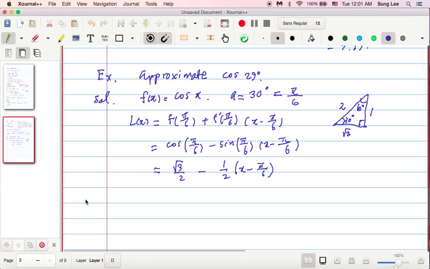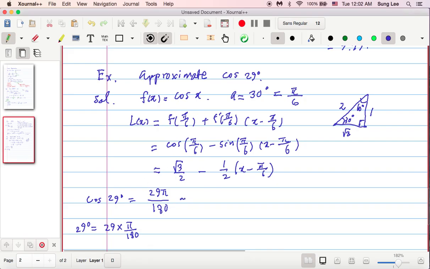Now, cosine 29 degrees. Again, 29 is going to be the x value. However, this is not a number, so we will have to convert it to a radian angle. That's 29 times 1 degree equals pi over 180, so we have 29 pi over 180 radians. Okay, so that's a number, so we can use it.